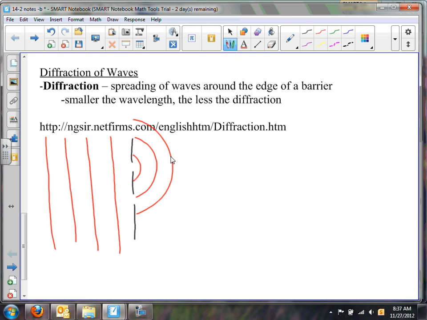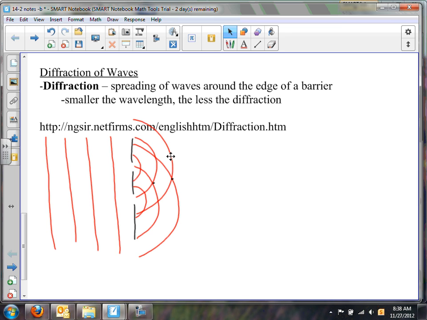Well, this other hole down here will also cause it to make semicircles. And you'll notice there are places where the waves intersect. So right here, you've got the two crests running into each other, and right here, two crests running into each other. If you continue this pattern, we'll do one more here. There's another one right there.